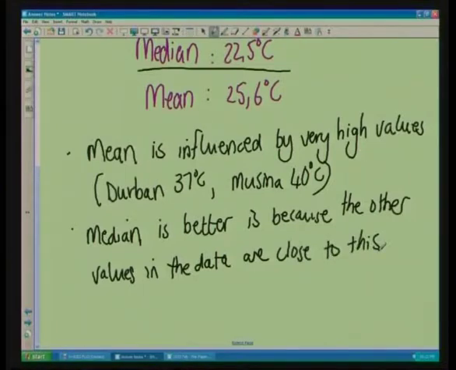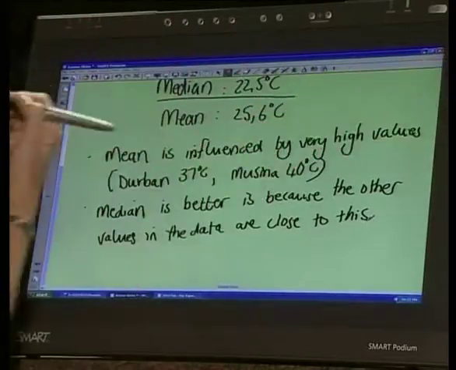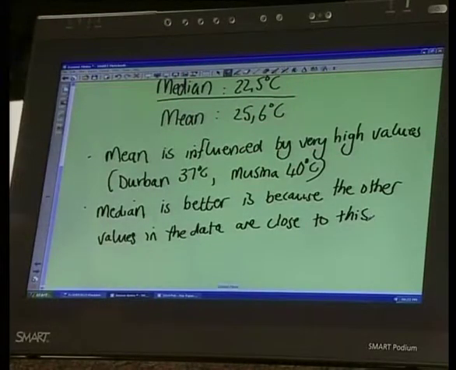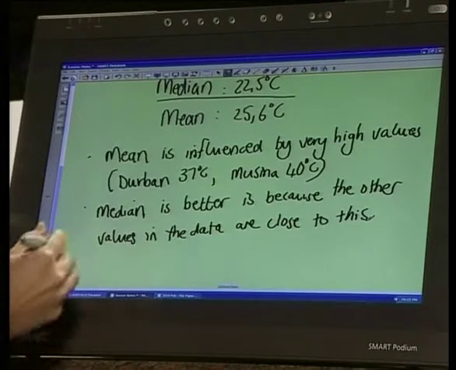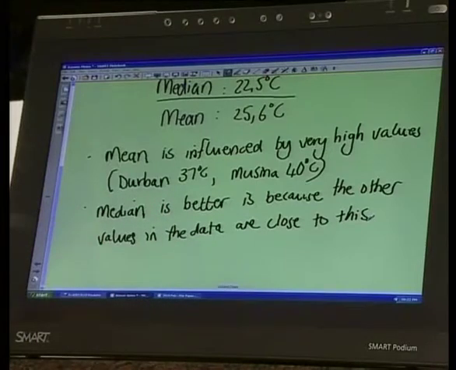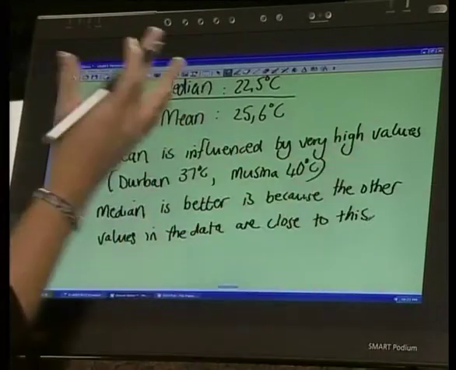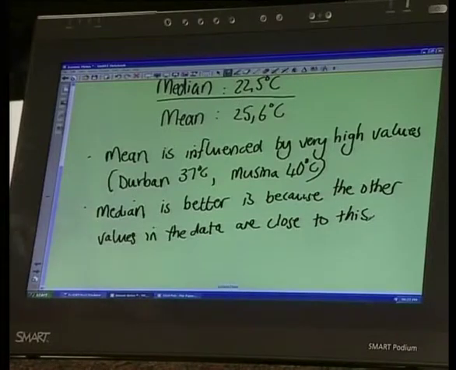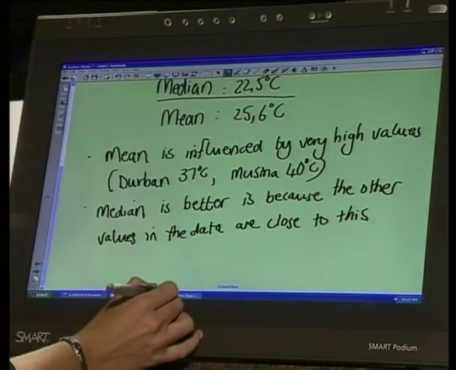Take a minute just to have a look at the language that I've used in this question, because when you're answering these questions, you need to get into the vocab of it. You need to get the words that you need to use in order to answer these questions. So words like influenced by very high values, remember, write that down somewhere so you can use that kind of language in your answer. Why did I choose the median? Because the values in the data are close to that value. So using words like data are close, those are good words to use. It's good terminology to use when answering this question.